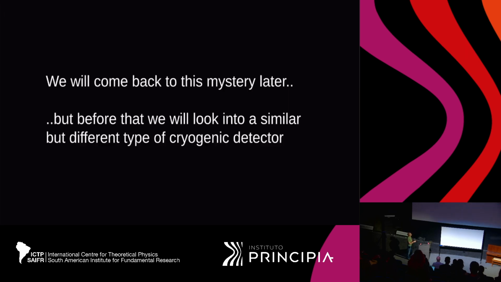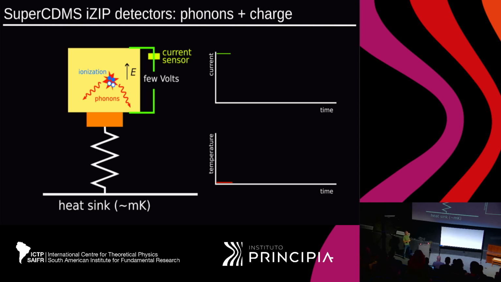So now, that was the end for CREST light detectors. Now I'm going to discuss a slightly different technology, but one that is very, very similar to the one being used by CREST. The idea here is very similar.